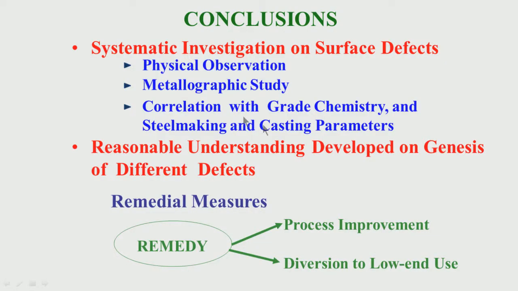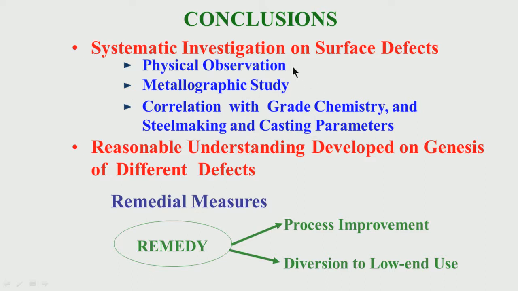Now, let me conclude by observing that for the systematic investigation of surface defects in rolled products, we have made some physical observations, we have used good inspection facilities to find out at what stage the defect is there, what the frequency of the defect is, what the size and shape of the defect are, and then we have done some metallographic study.